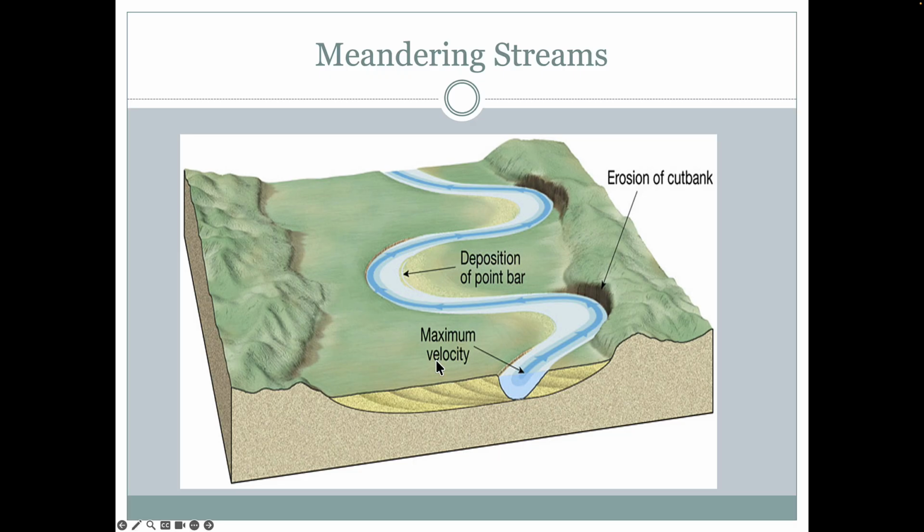The way that we can see where this happens is by thinking of the maximum velocity of the river. We know the maximum velocity of the river is going to be just below the surface and near the center of the river. But because the water in the river tends to flow in one direction and is not going to turn until it has to, as we approach a bend in the river, the maximum velocity tends to be on the outside of one of these curves here, which is called a meander loop.